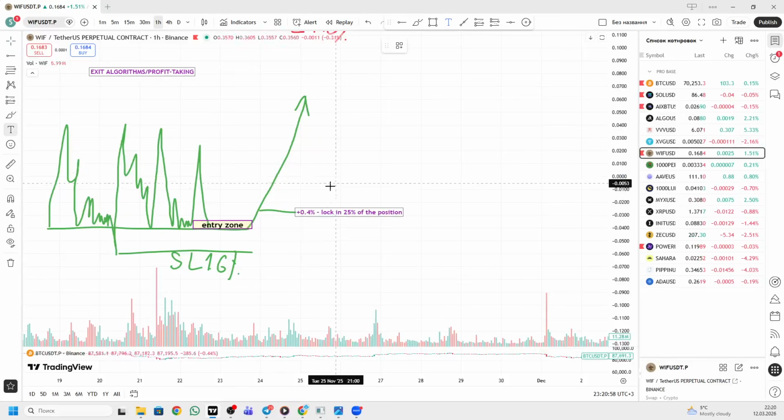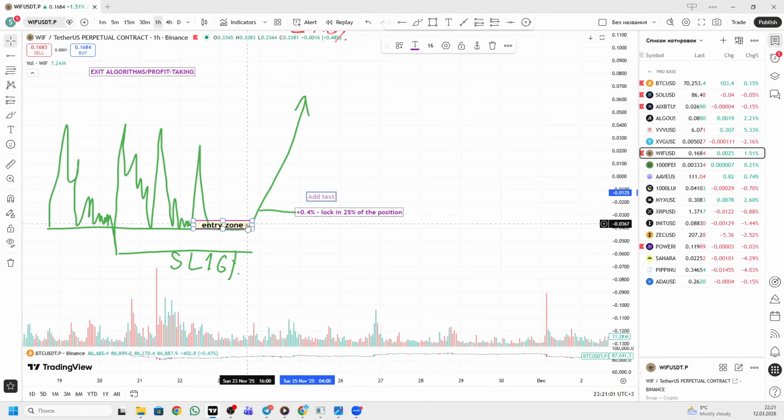What's happening next? The price is coming up, it's going your way, and now it is plus 0.8% in profit. So what you do in this case, you move your stop loss to break even, or let's say the entry point, a little bit higher.